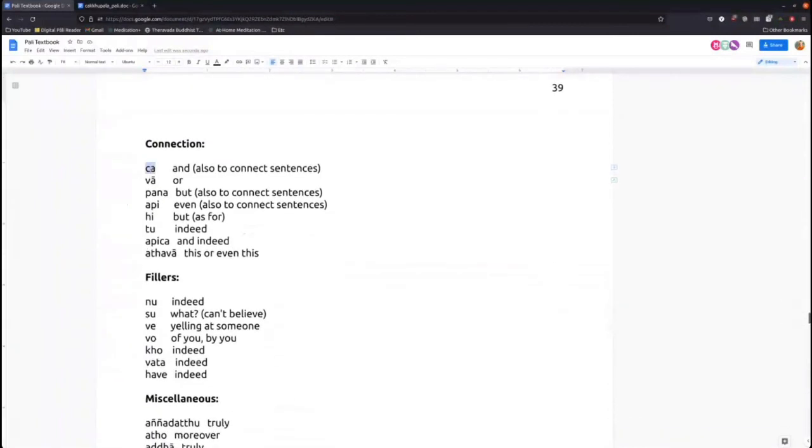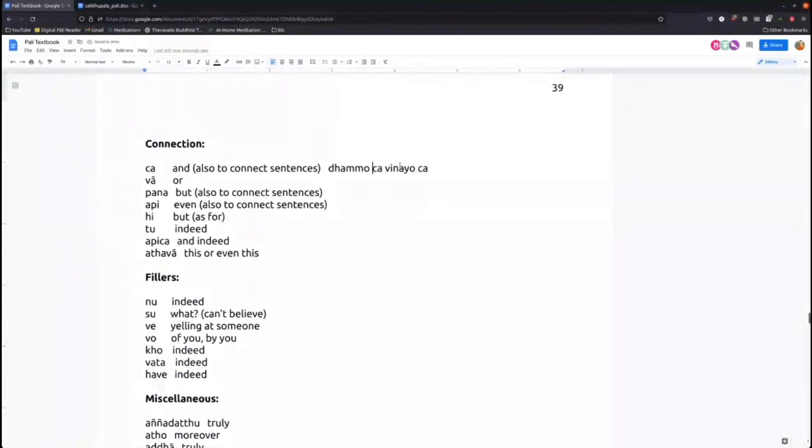So cha and wa I mentioned, and I don't know if I've told you this yet, but cha and wa are not used the way we use them in English. It's not A cha B. It's A cha B cha. So like dhammo cha, vinayo cha.